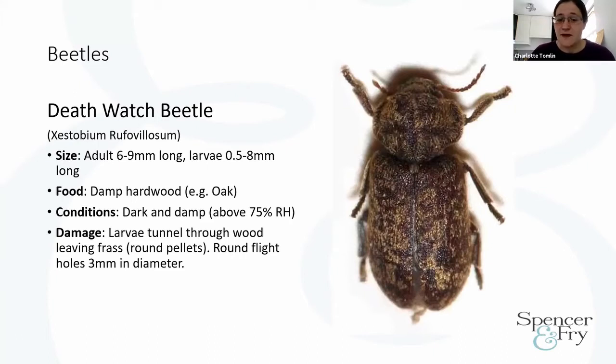Generally they can't thrive below 75% RH. So if you are sure that your environmental conditions are below that, and you have no microclimates near wood or anything like that, then you are unlikely to have a problem with deathwatch beetle. They're also very geographically specific.